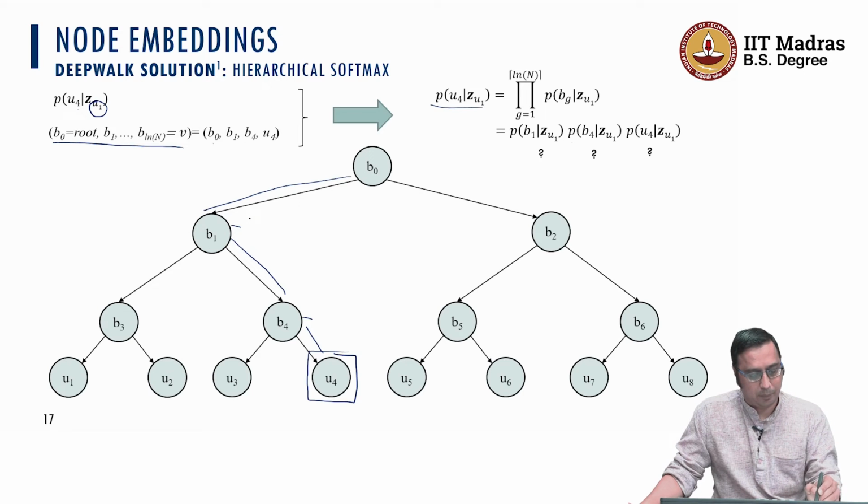So, we have to find the probability of B1 given ZU1, the probability of B4 given ZU1, and the probability of U4 given ZU1.